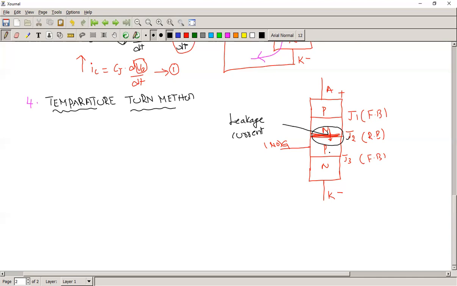The fifth one is the last one, the light turn-on method. In the light turn-on method, again we have taken the structure of the SCR.